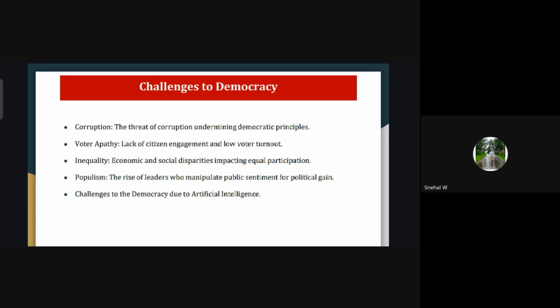Let's assume, just for instance, I am making a bot, and now I'm giving a command to that bot: follow a particular page on Facebook, Instagram, right? Then a second command I would give is that whenever a person is posting on that page, immediately you should comment over there positively or negatively, whatever command you give.